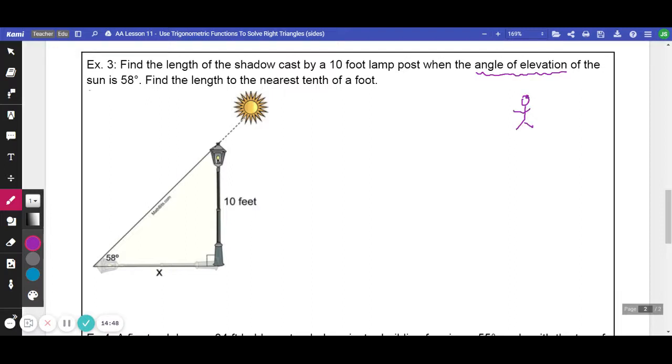Here's my eyeball. Straight across. To elevate something means up. So if I look up, this angle right here would be the angle of elevation. Elevation means up. So from horizontal, from straight across, what's the angle I'm looking up?